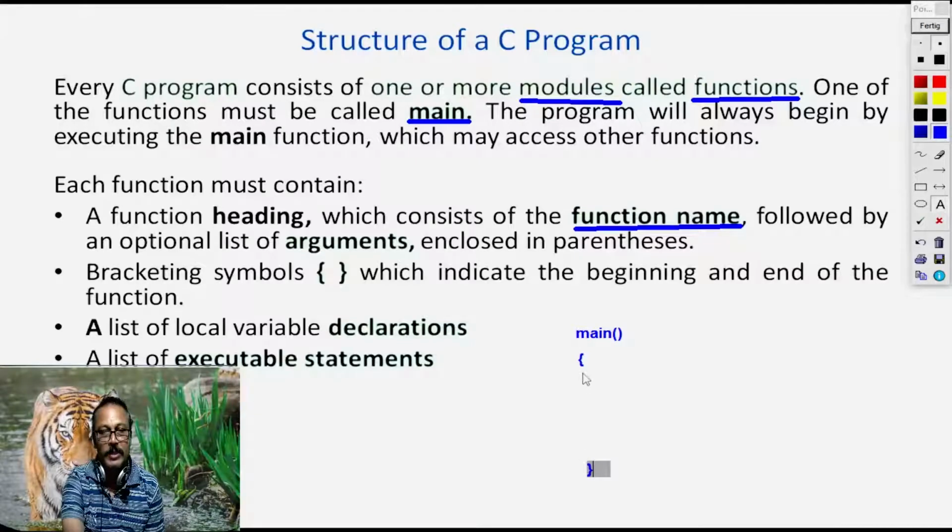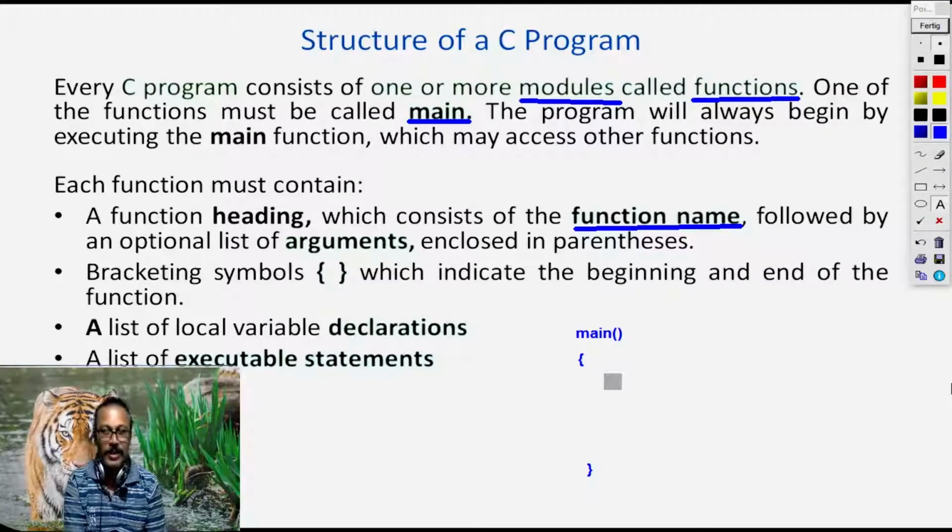So this main has a beginning of the function and an end of the function. That means main related code is present within these flower brackets. Of course, there can be nesting for these flower brackets also, that we'll see. But every function in particular starts with the opening flower bracket and ends with the closing flower bracket.